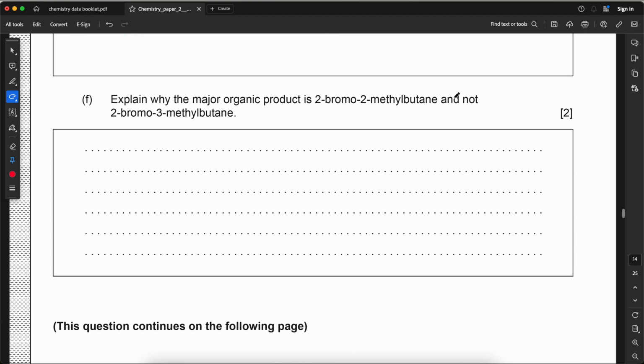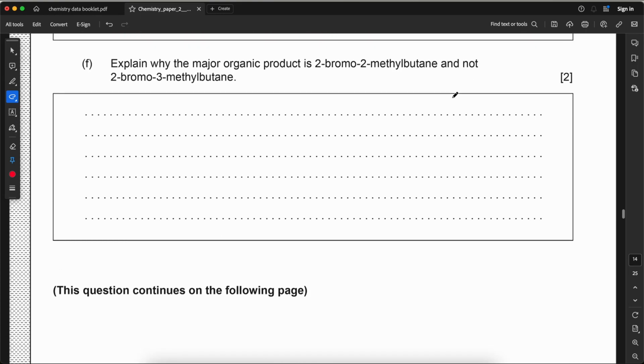Explain why the major organic product is 2-bromo-2-methylbutane and not 2-bromo-3-methylbutane. 2-bromo-2-methylbutane, that would be CH3, CH3, Br, CH2, CH2. So this is 2-methylbutane.